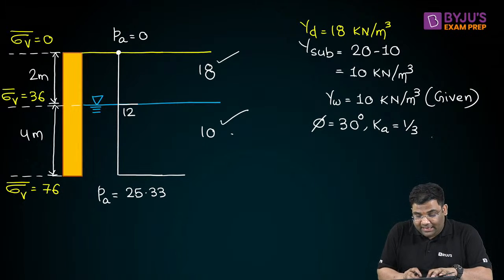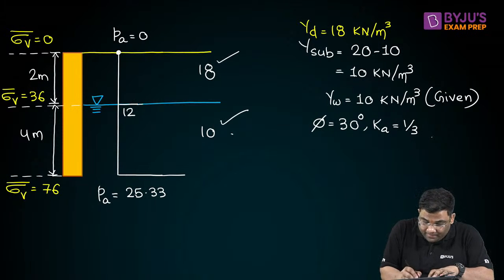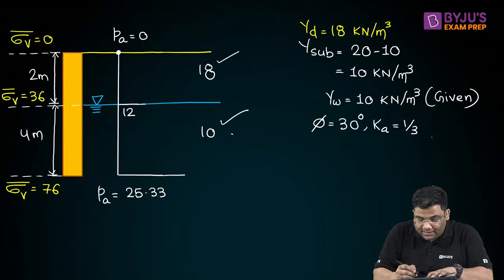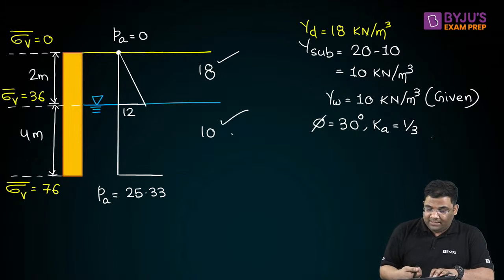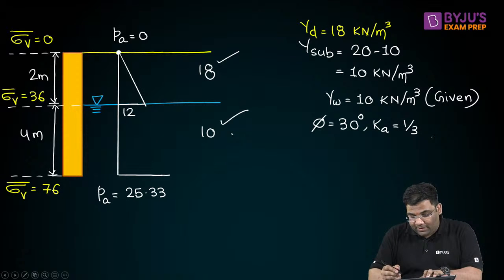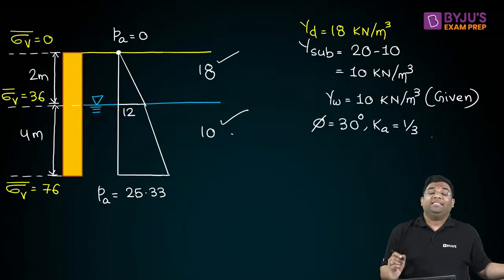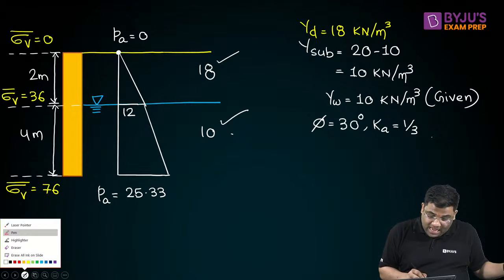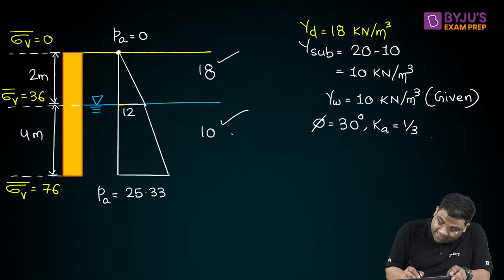Here gamma is 18, so I'll get something like this. After that there will be a reduction in the slope and I'll get something like this. Understood? The slope will change here. Why? Because the gamma is changing. So here it is 12, here it is 25.33.